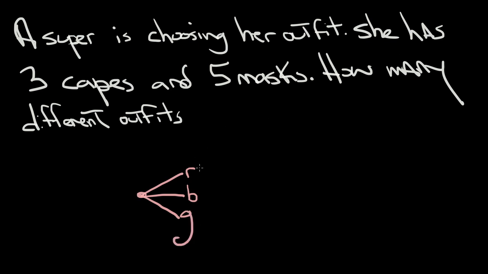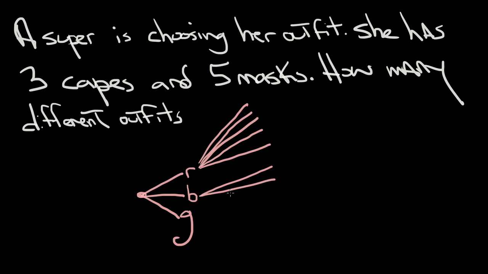So if she chose a red cape, she could then choose any of the 5 masks, couldn't she? And if she chose a blue cape, she would still have any of those 5 different masks. And if she chose a green cape, she could choose any of the 5 masks.